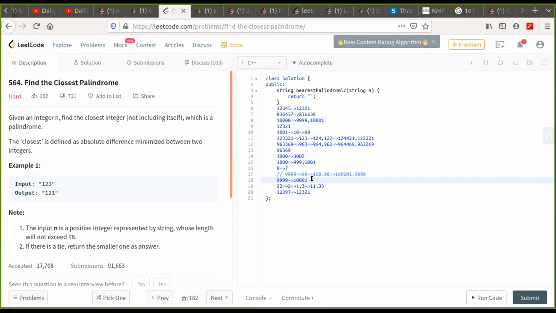Whenever I'm moving from n digit to n plus 1 digit, I would like to go to the smallest n plus 1 digit number, so that the delta will be less. If I have 97 and I'm looking for the smallest three-digit palindrome, it will be 101, and that is static.